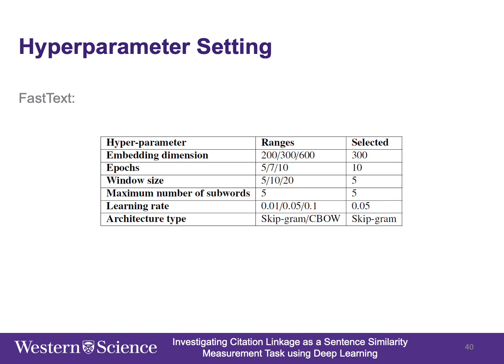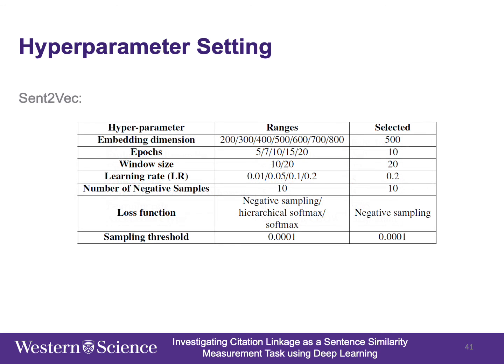We trained our fastText with different hyperparameter settings, and the best possible hyperparameters we found are reported in the rightmost column. For the scientific one, you also get the best parameter settings in the rightmost column.